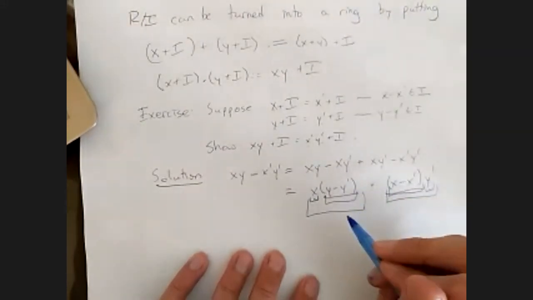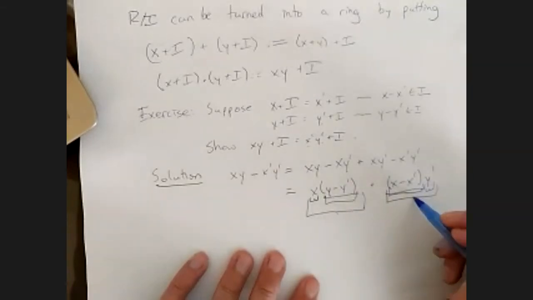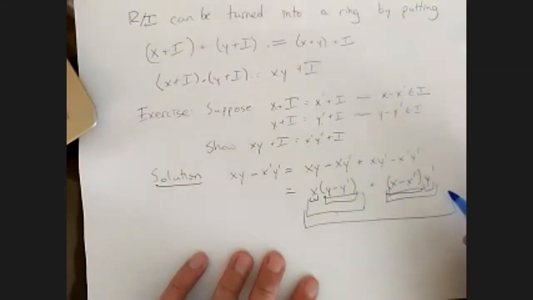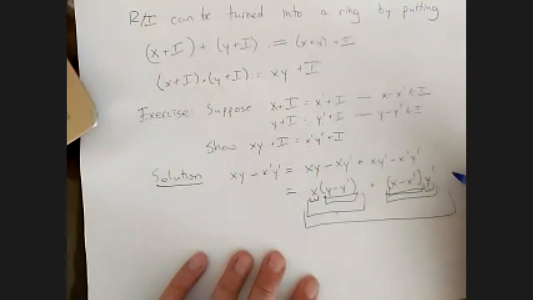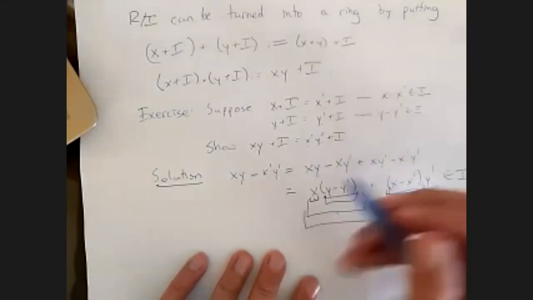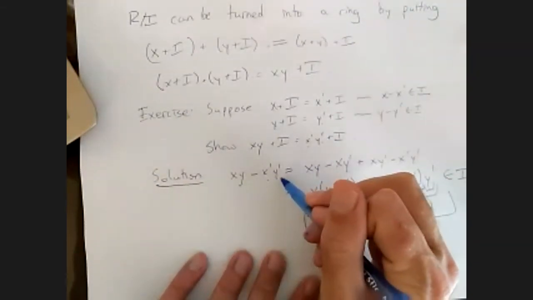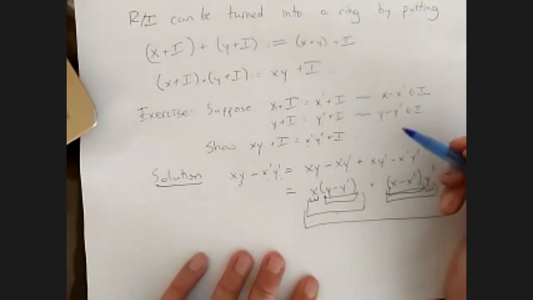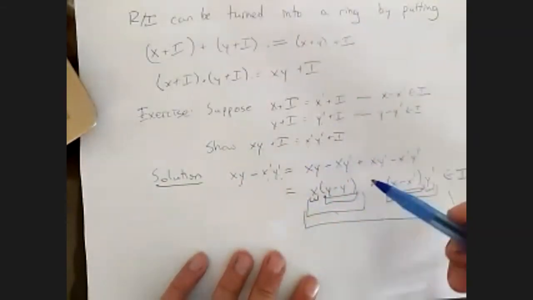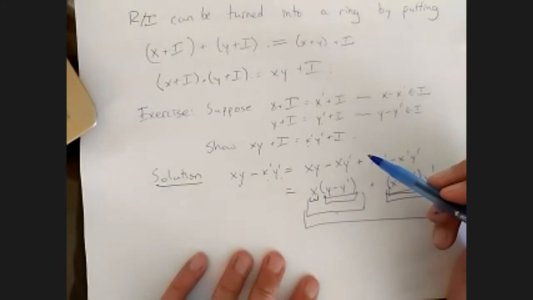Now we have an element of the ideal plus an element of the ideal, so the whole thing is in the ideal. In other words, xy minus x prime y prime is in the ideal. And that means that xy and x prime y prime define the same coset, and that means that we can define multiplication of cosets.